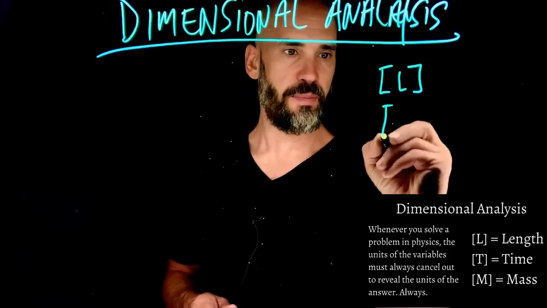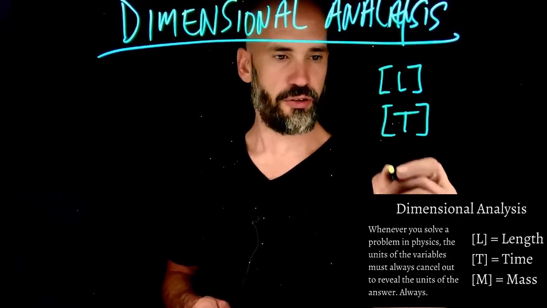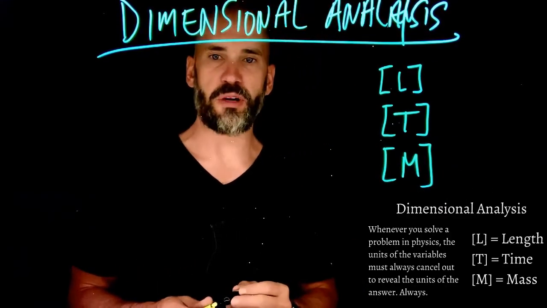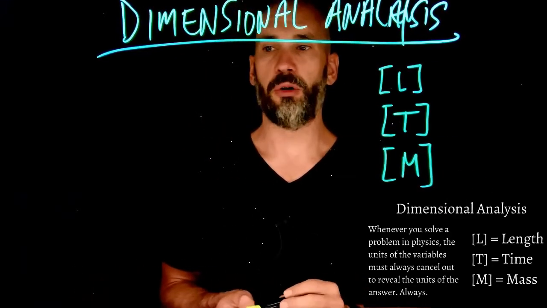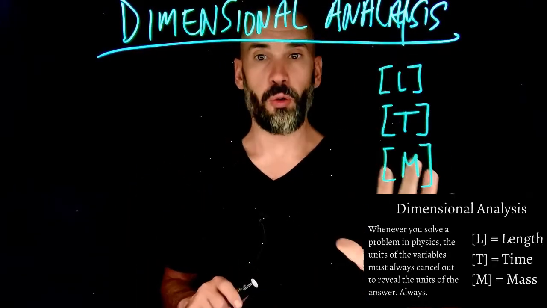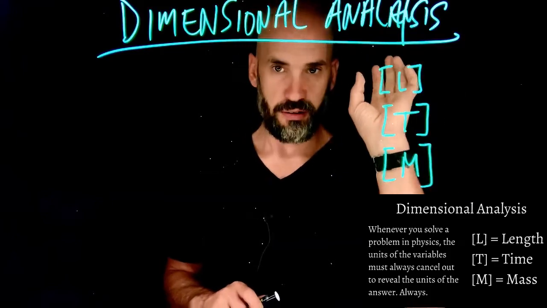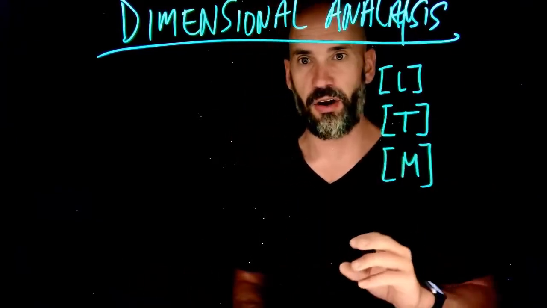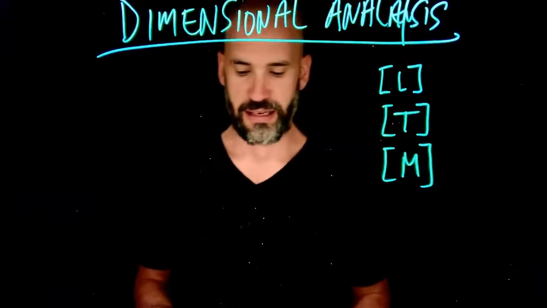Whenever we're talking about time, we have this capital T. And when we're talking about mass, we have this M, right? We're not worried about what specific units we're using, but we're just worried about making sure that all length units are labeled L, all time units are labeled T, and all mass units are measured with a big M, okay?